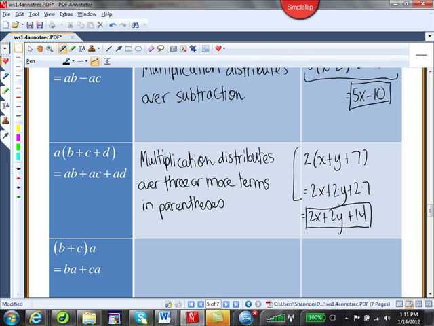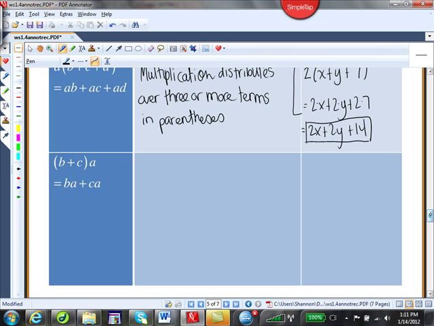Now, this is something that we also use as we go on in math. Multiplication on the right distributes over addition or subtraction. Let's write this down in words.